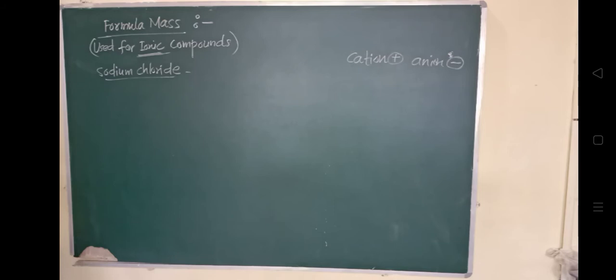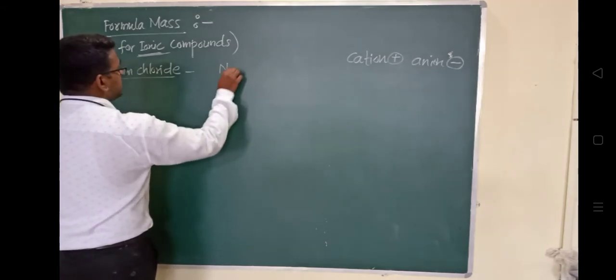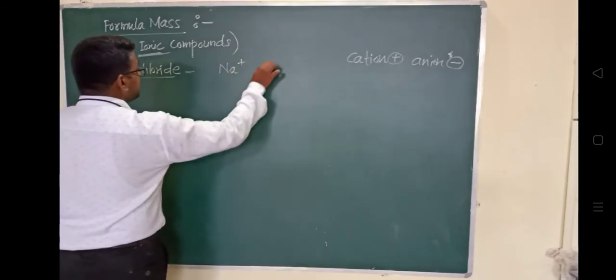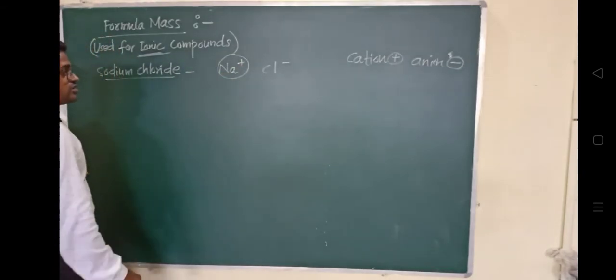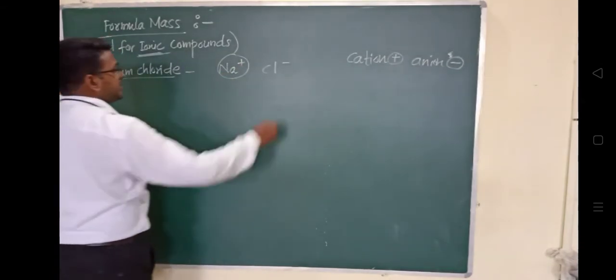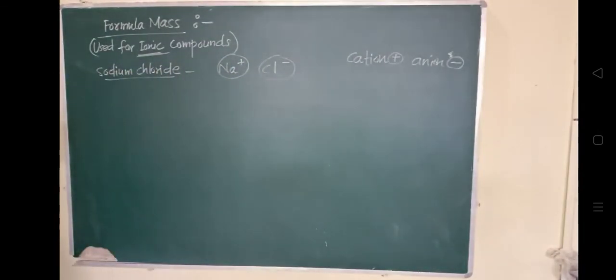In such compounds, in its aqueous solution, it will form Na plus and Cl minus, the cationic sodium and anionic chlorine, or chloride. These are the entities that are arranged in a three-dimensional structure. Now how are they arranged?